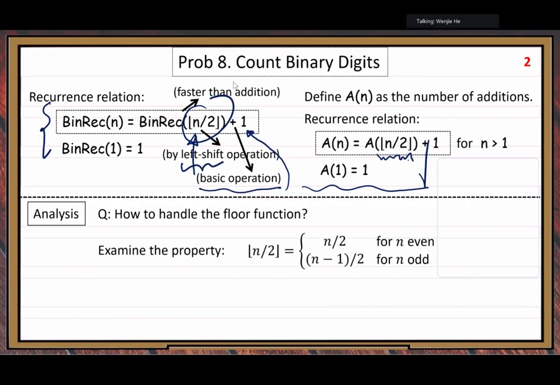For the floor function, when n is an even number, there is no change. But when n is an odd number, then we need to change a little bit: n minus 1 divided by 2. So it tells us there are 2 cases we need to work on.